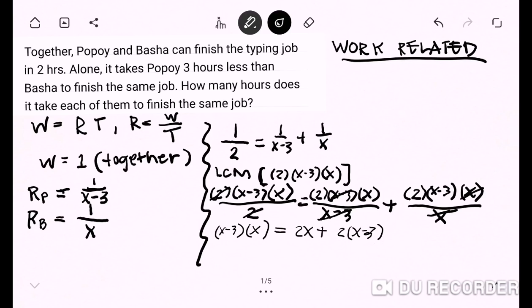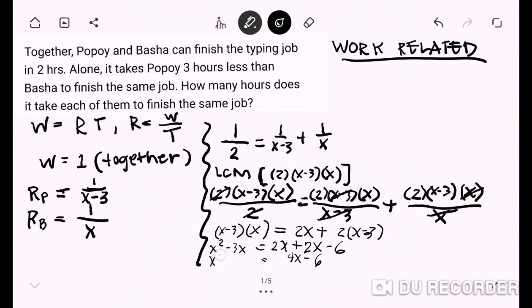Okay, so distribute natin. So, x minus 3 times x will result to x squared minus 3x equals to 2x plus 2x minus 6. Simplify pa natin. So, we can now apply the addition property of equality. So, doing that, by the way, yung 2x plus 2x, pwede natin isulat as 4x.